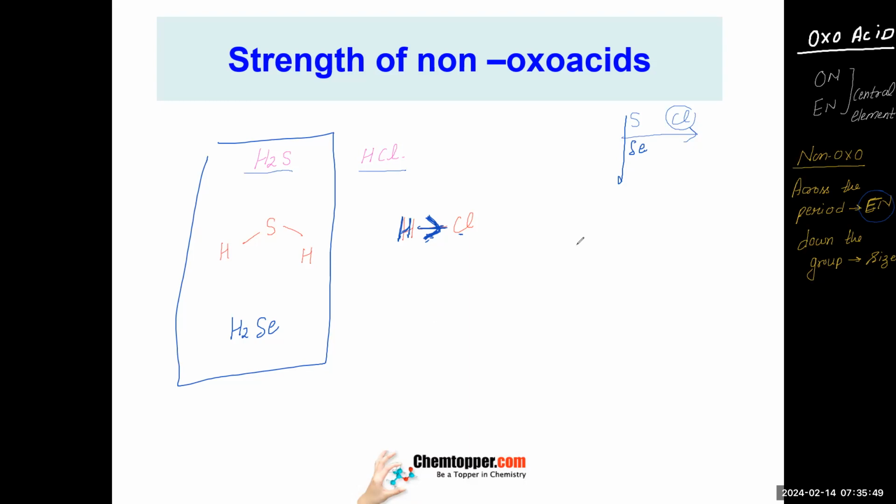Okay, so now we are moving down the group. So moving down the group, what factor is important? Size. So Aditi is already answering. She's saying H2Se is the stronger acid.